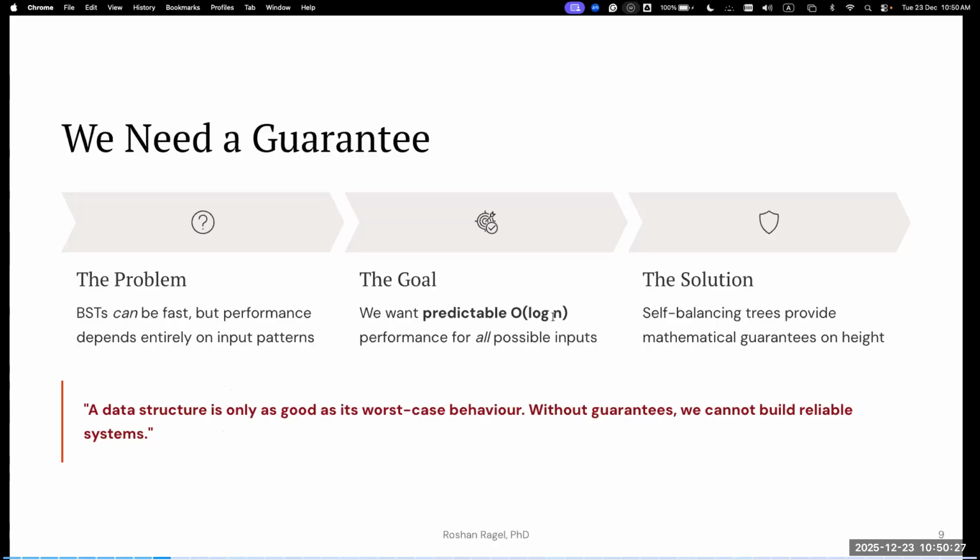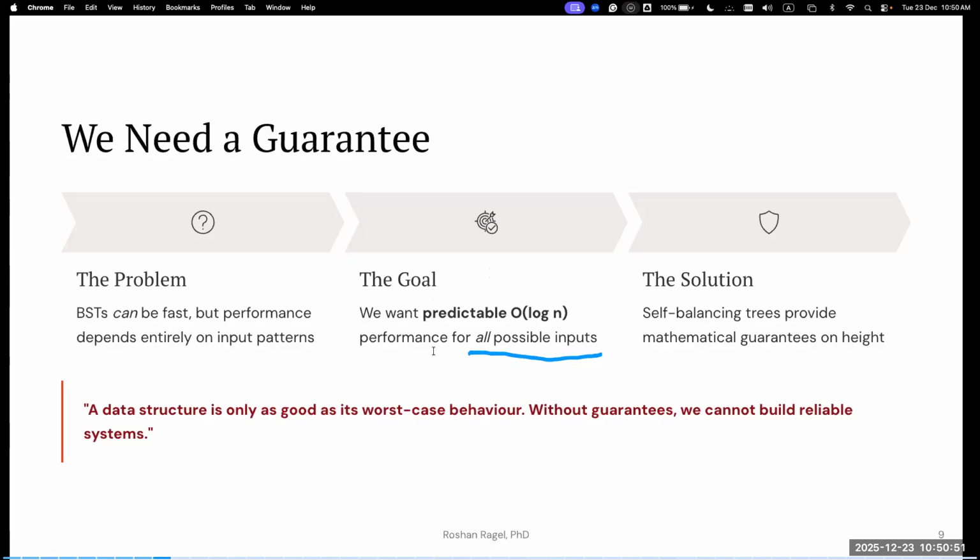We don't want that. So how do we avoid it? And also the goal, as you can see here, is not for just one specific situation which could occur in a binary search tree, but for all possible inputs, right? So any order we put the input in, we should have a predictable order log n complexity, right?